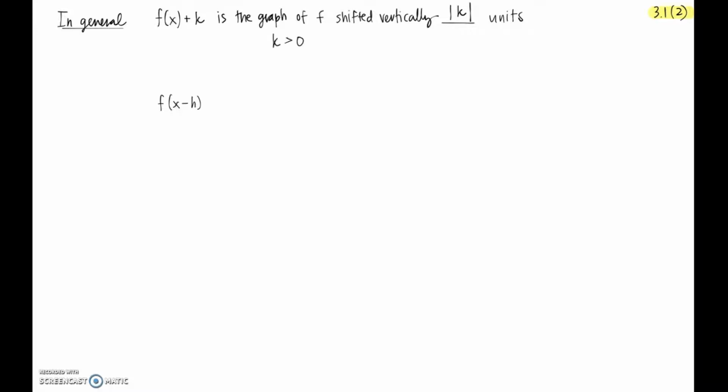If k is greater than 0, then we saw it shifts the graph up. And if k is less than 0, a negative number, like we saw -3, I think, then it'll be a shift down. Okay, and that covers vertical shifts.